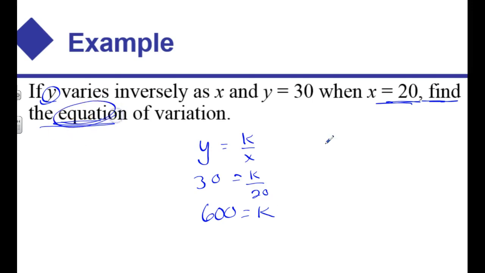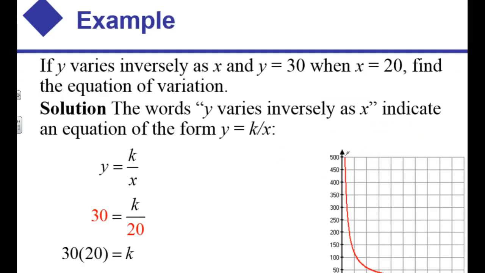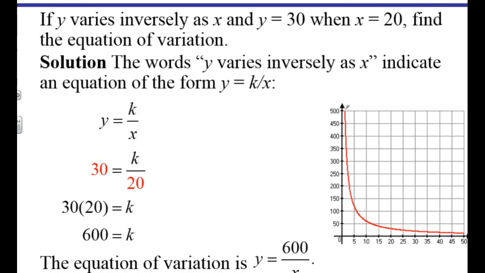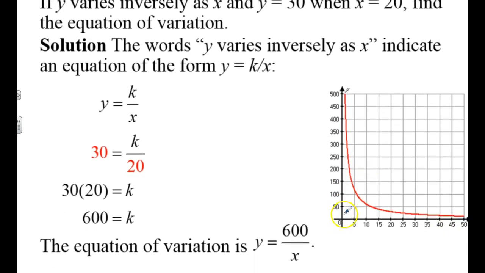It says write the equation. So I would say y is equal to 600 divided by x for a final solution. And remember, an inverse variation function is not linear like what we were looking at before. A direct variation function is increasing; the inverse is going to be a decreasing function. And so y equals 600 divided by x.